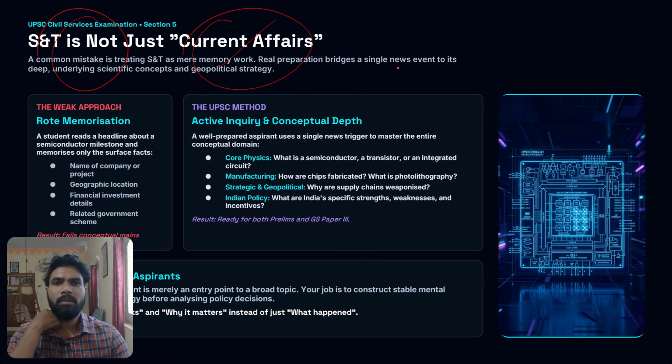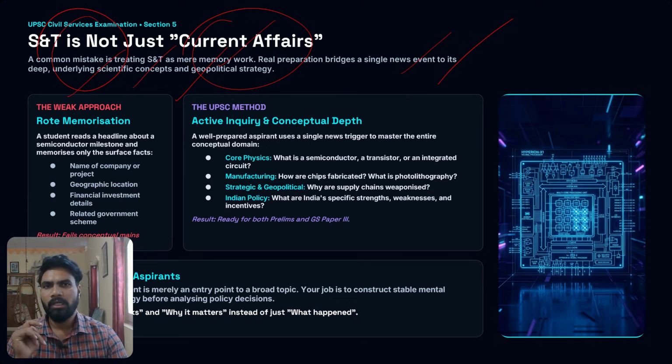Real preparation bridges a single news event to its deep underlying scientific concepts and geopolitical strategy. So you have to prepare broadly for science and technology. You have to club the static aspects and the current developments, with a comprehensive understanding of the entire topic.